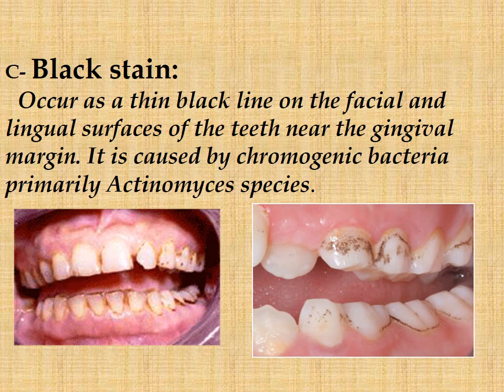Black stain. The black stain occurs as thin black lines on the facial and lingual surfaces of the teeth, near the gingival margin. It is also caused by chromogenic bacteria, primarily Actinomyces species.